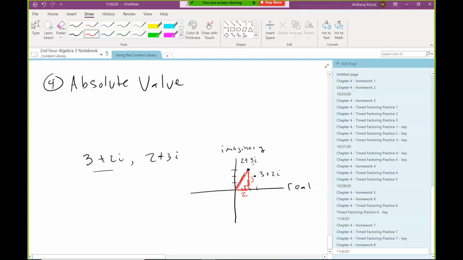So we say the absolute value of a plus bi is just the square root of a squared plus b squared. So that's the formula. We'll use that every time.